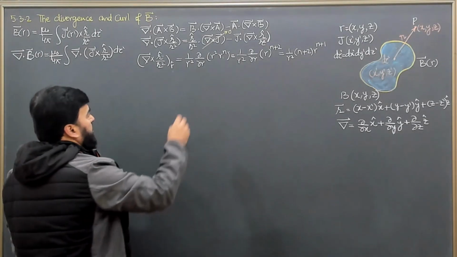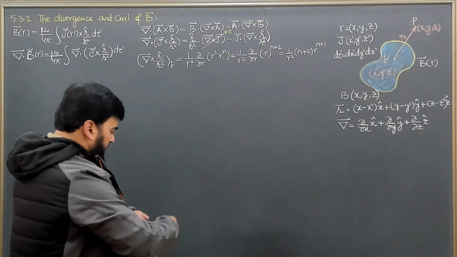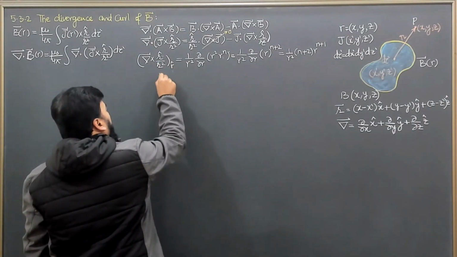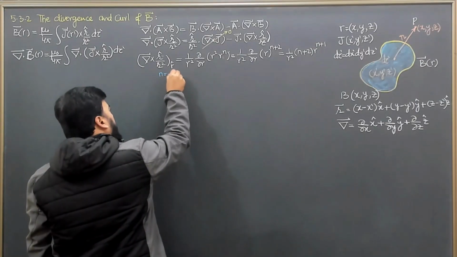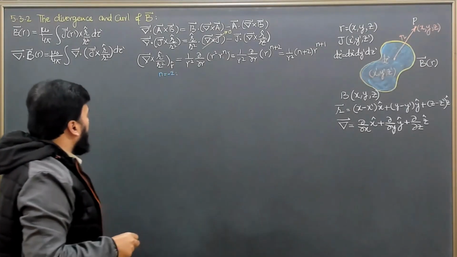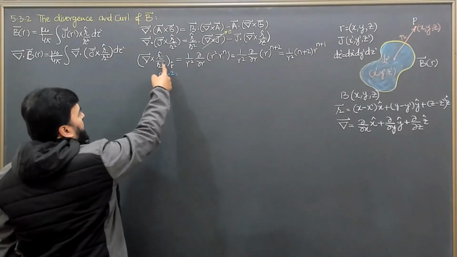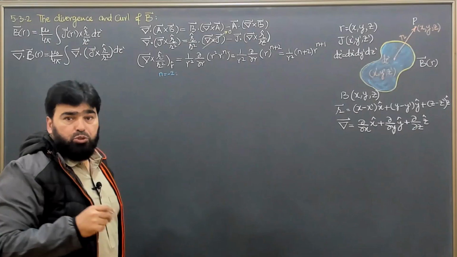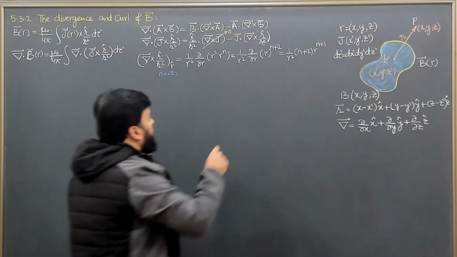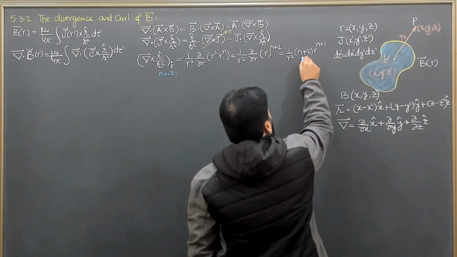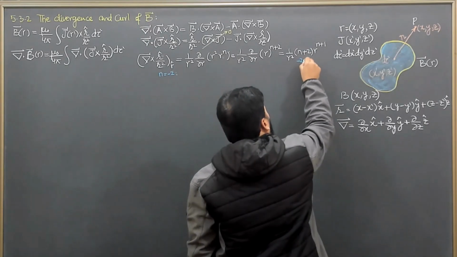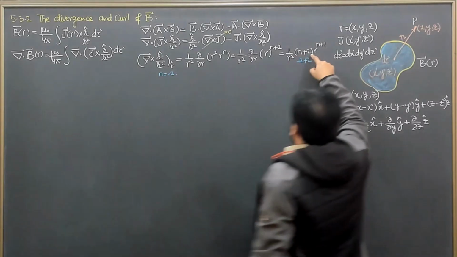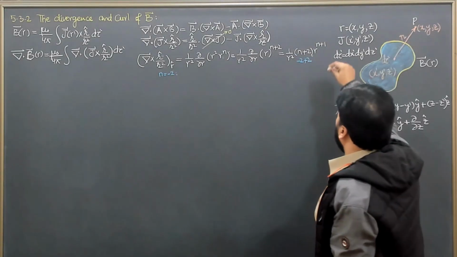Now if I specifically look for this one, then here n is equal to minus 2, because this is R to the power n, so the R power is minus 2 here. So specifically when I put n equal to minus 2, then n plus 2 makes this thing equal to 0.